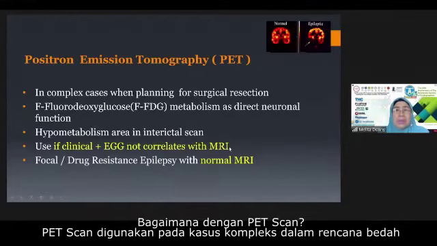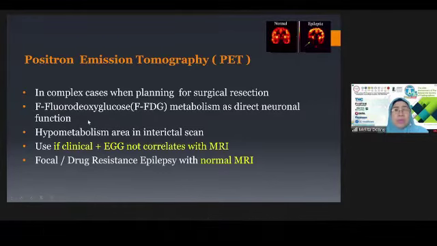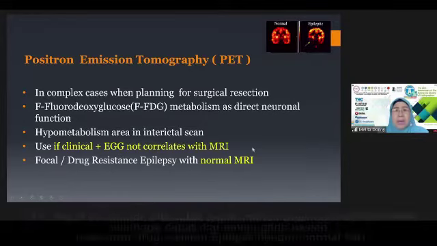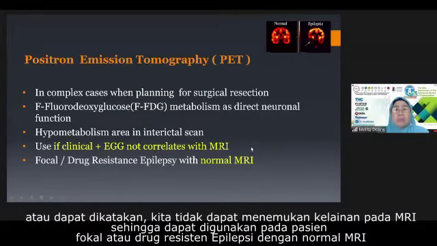How about PET scan? PET scan is used in complex cases. So for surgical planning, we use here fluorodeoxyglucose, and we can look at the hypometabolism area at the interictal scan. Also, we use this PET if clinical and EEG are not correlated with MRI, or we cannot find the abnormal structure in MR. So also we can use it for patients with focal and drug-resistant epilepsy.